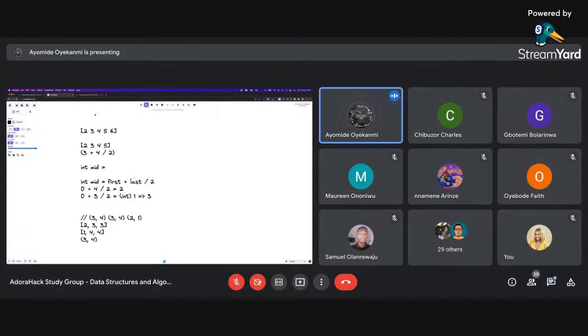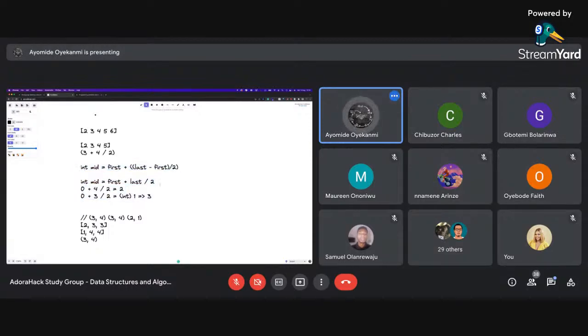The other one is first plus last minus first divided by 2. There are blog posts that explain why this is a formula that we use. It's kind of better than the first one because this one doesn't allow integer overflows. But I can't remember off the top of my head exactly how to explain that right now. But these are the formulas for calculating mid.